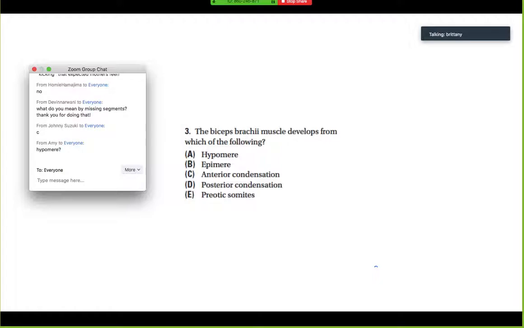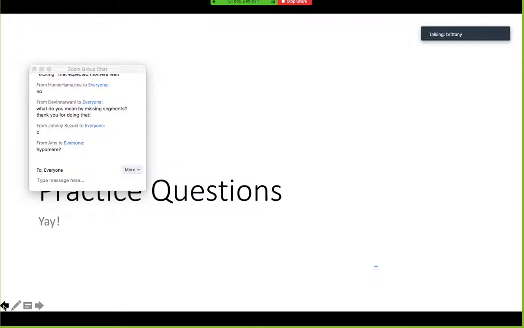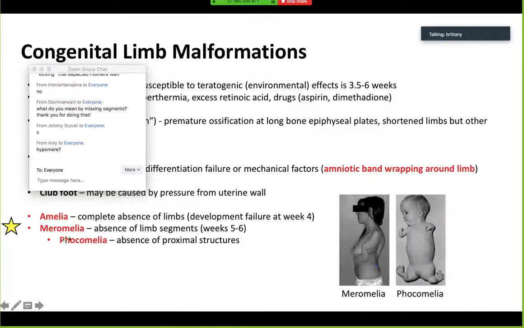Okay, yeah. So I looked it up to make sure, and meromelia means that you're lacking just a part of the limb, but you still have the hand or foot present. So let me go back here. Okay, so amelia, you have no limbs whatsoever.